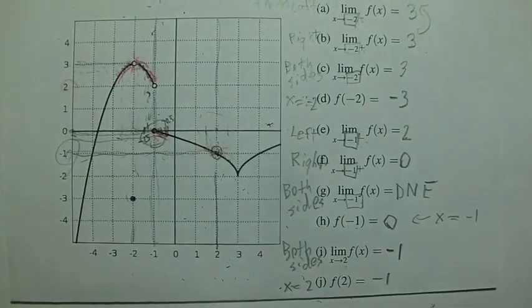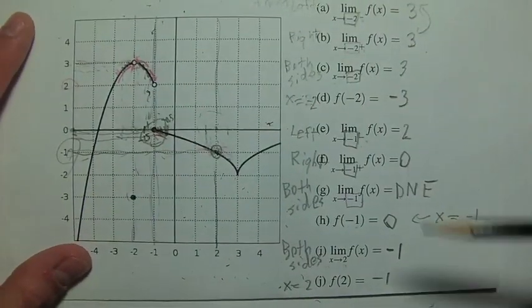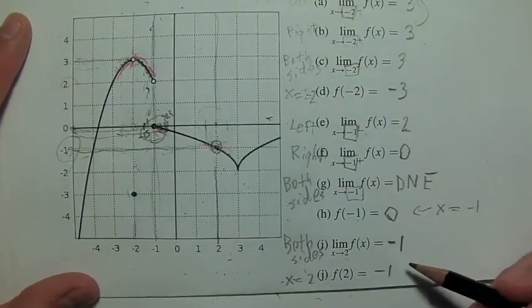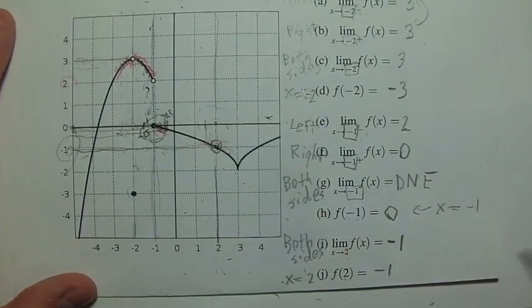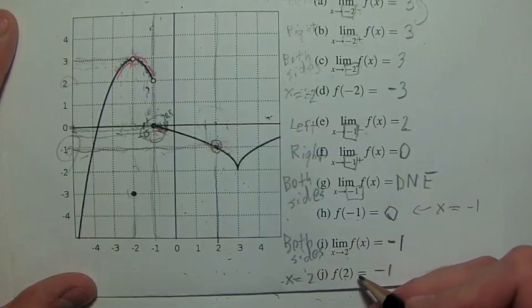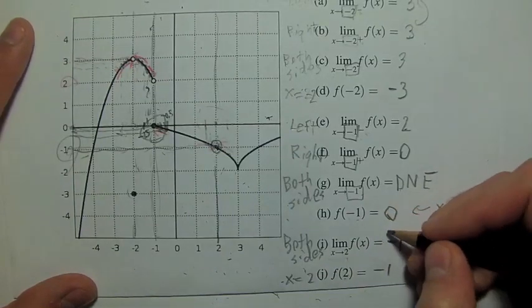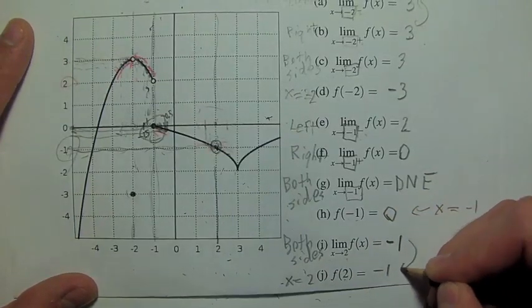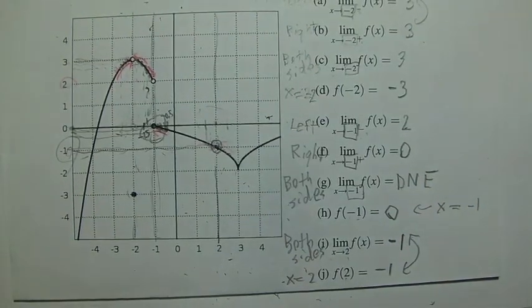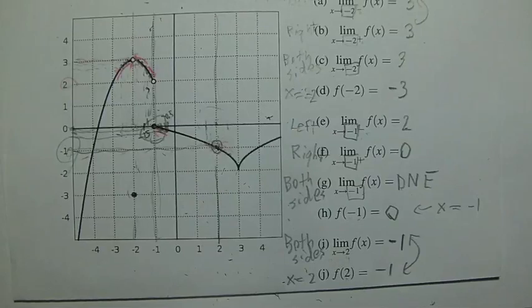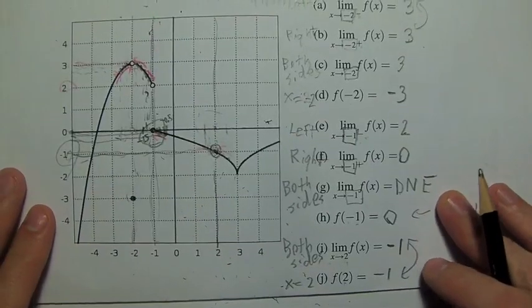And alright, my battery almost made it. So, as I was saying here, when x actually equals 2, we get that f of 2 is equal to negative 1. And this is a case where the limit and the function value actually match. And we didn't get that in these previous examples.